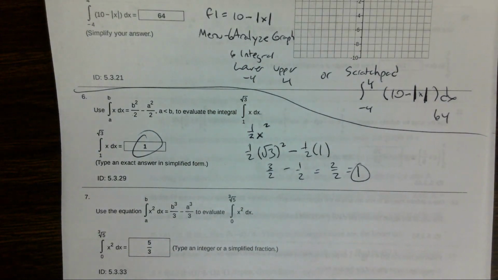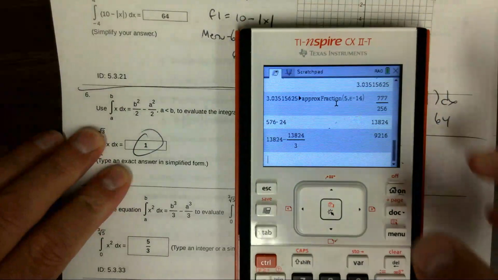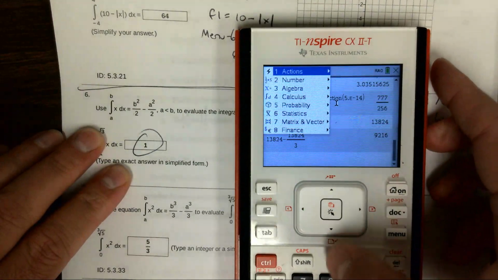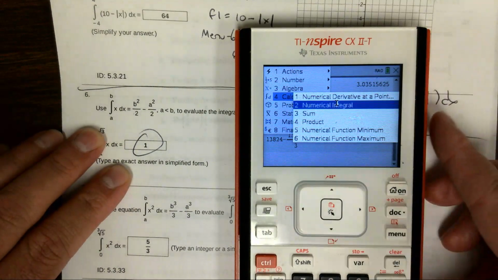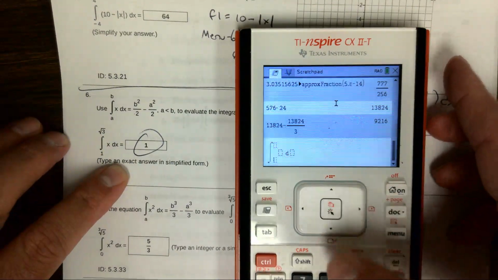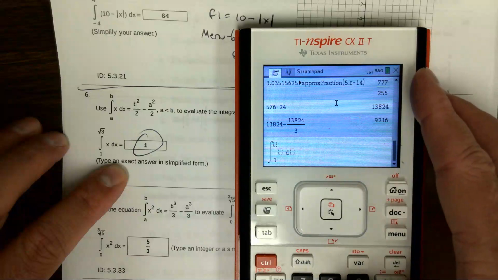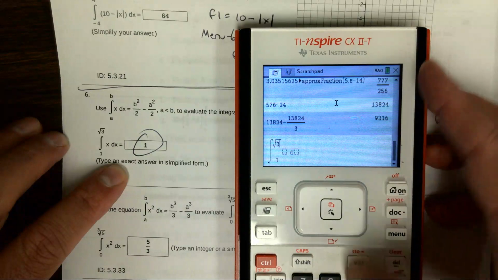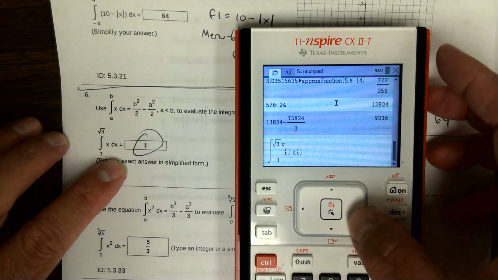Now, let's try to use some of the other tools sometimes. So I think you can go to Menu, Calculus, Numerical Integral, from 1 to square root of 3 of x dx.